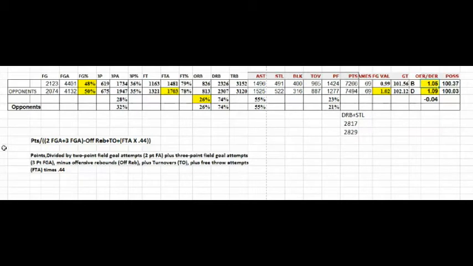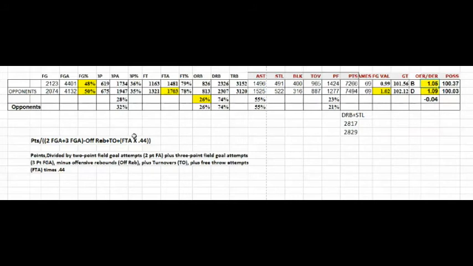Now, some of you may not be comfortable with a formula-like thing, so I wrote it out for you. Points divided by 2-point field goal attempts. I just put that in there so you would know where to look for it. Plus 3-point field goal attempts, and that is all added together. But your total points, by the way, are over here, right under points.